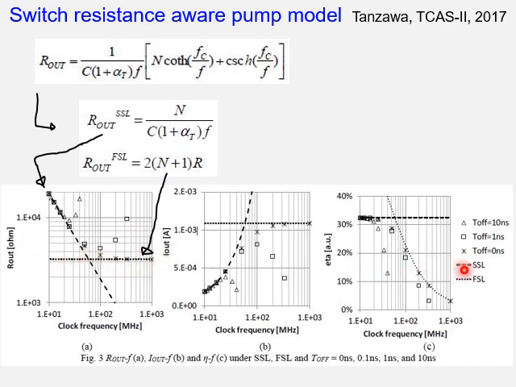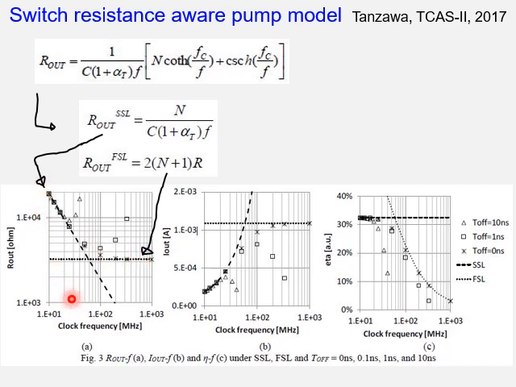And very interestingly, I varied the T off time from 10 nanoseconds, 1 nanosecond, and 0 nanoseconds for this equation. Then with the 0 T off, as you see, the clock frequency versus output impedance behaves like this.